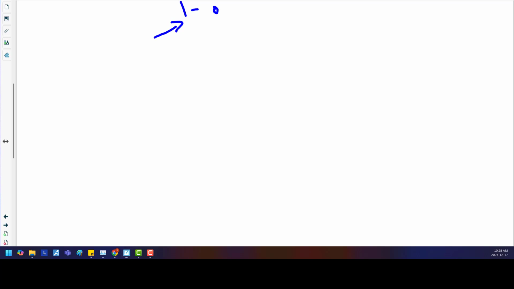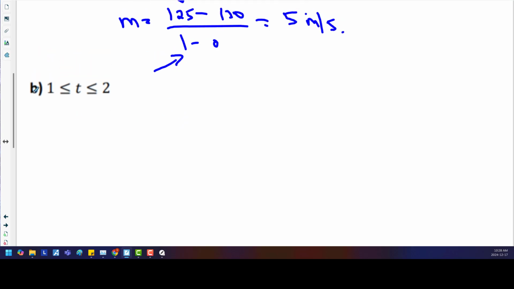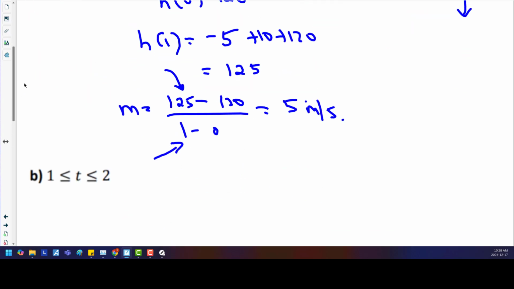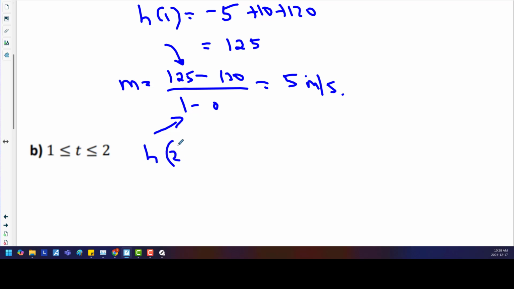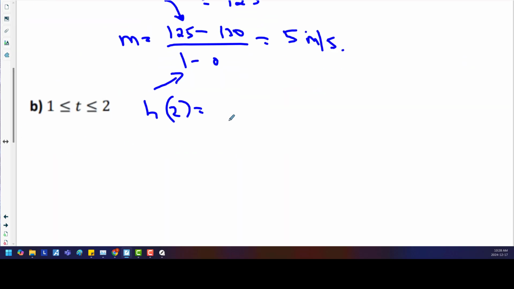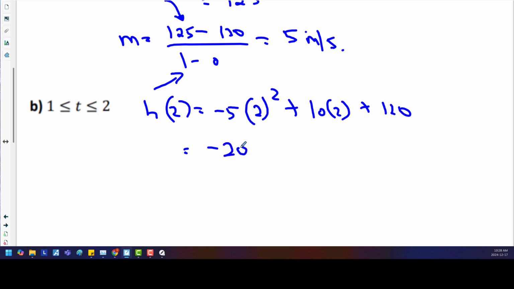Now we're going to do the exact same thing, except the interval is from 1 to 2. So same thing, we're going to substitute h of 2 in here, which I believe is -5t squared, right? Yeah, -5 times 2 squared plus 10 times 2 plus 120, I believe it was. So 2 times 2 is 4, so this is -20.